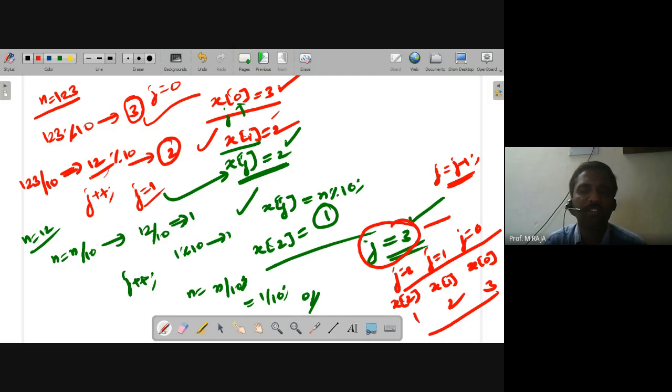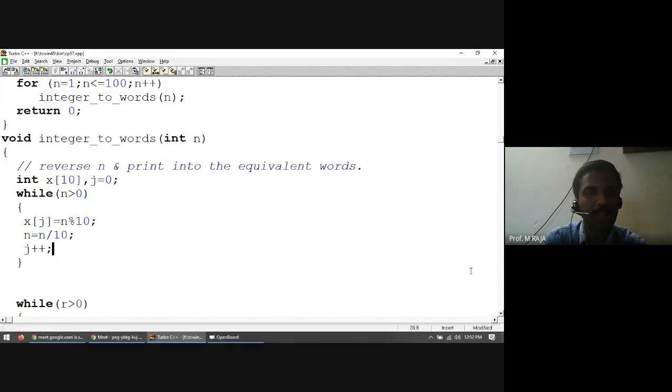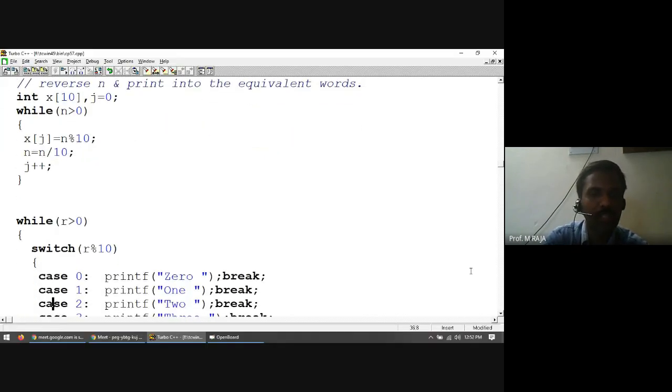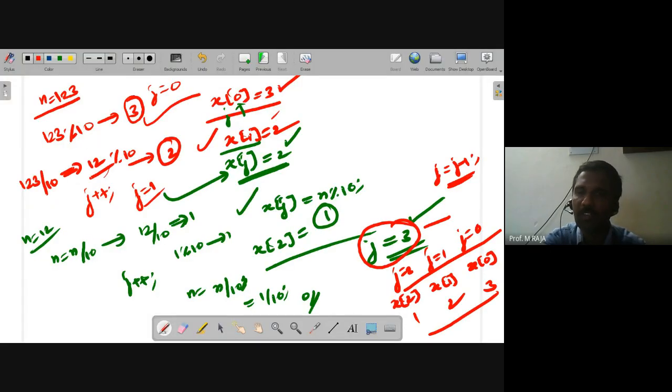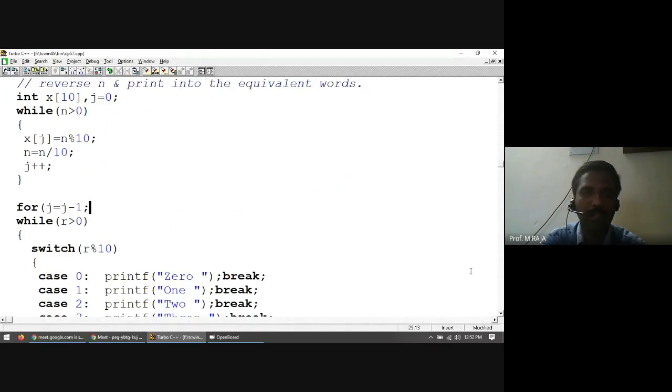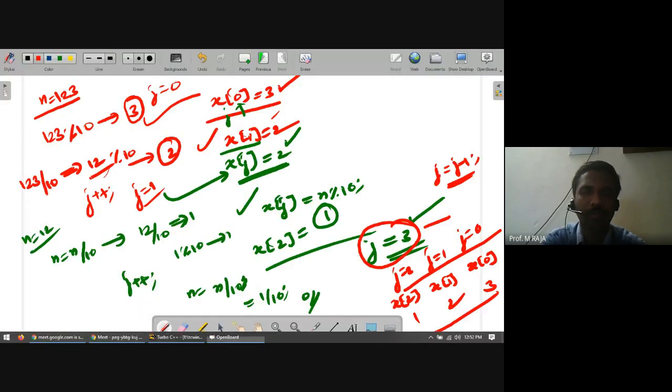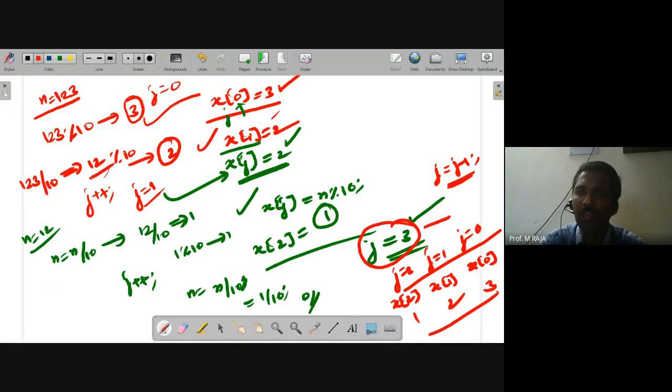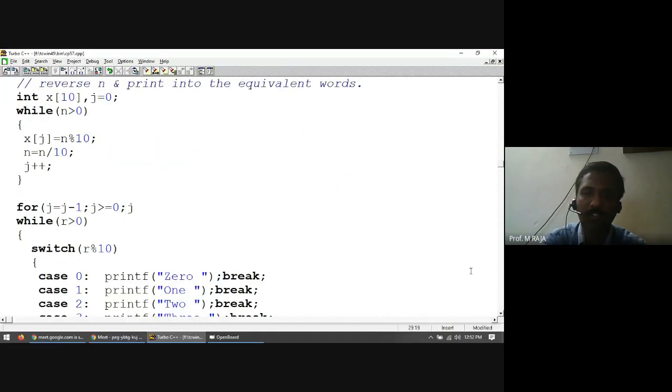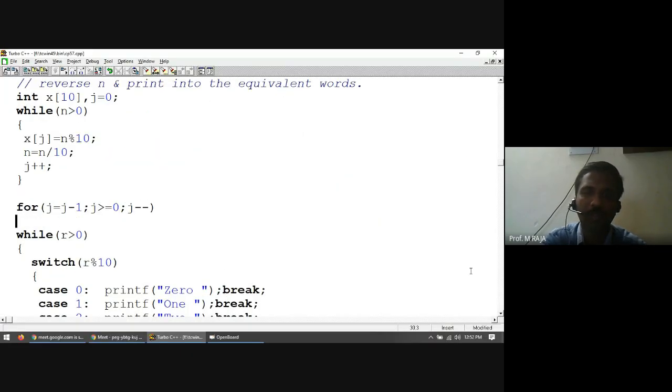j starts at j minus 1. Shall we have the operation here using a for loop: for j is equal to j minus 1, then j should be greater than or equal to 0, then decrement the value of j by 1, say j minus minus.